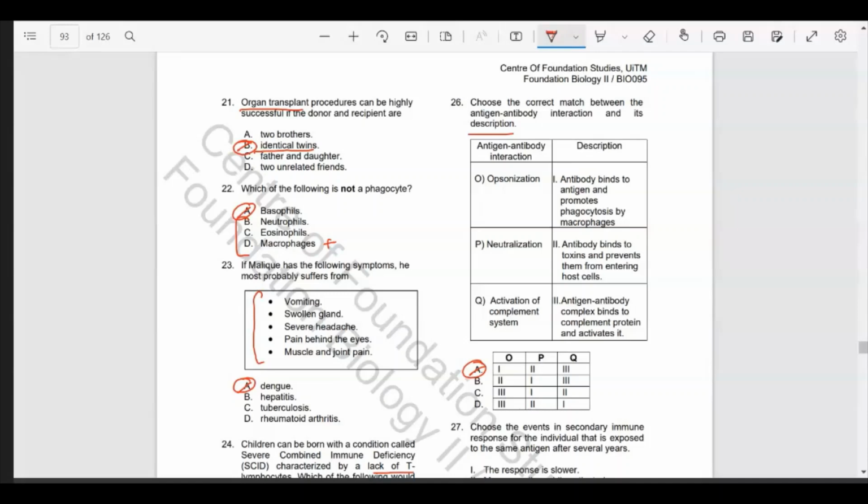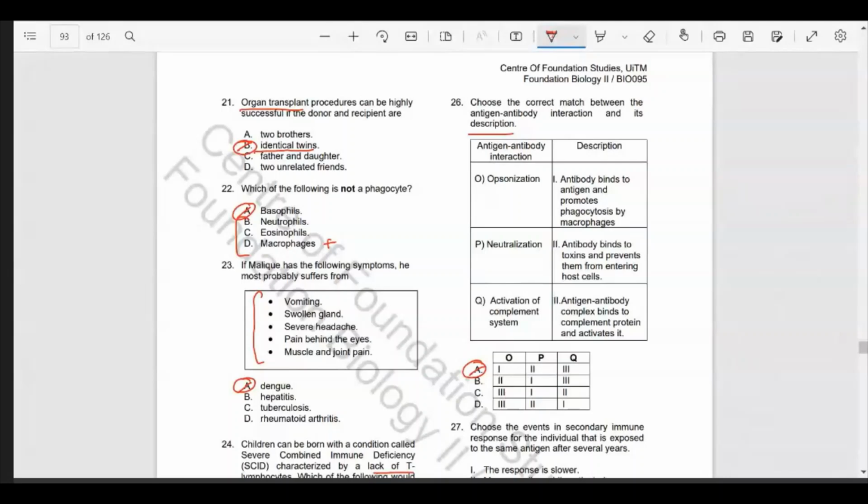Okay, so when the antibody circulate in your body fluid to find that specific pathogen, so when the antibody has found that specific pathogen, antibody dia tak boleh nak matikan terus or destroy directly the pathogen. That is not the function of the antibody.